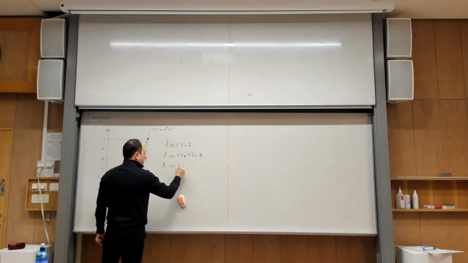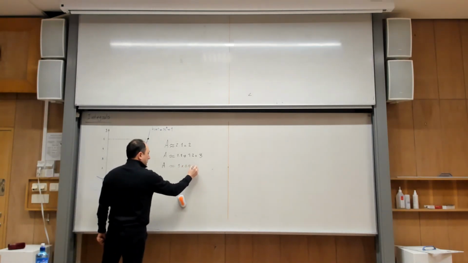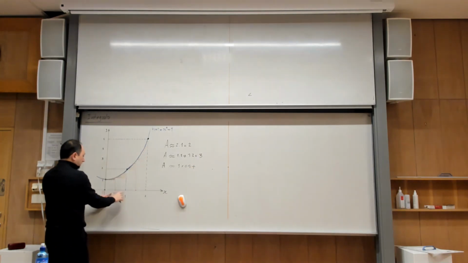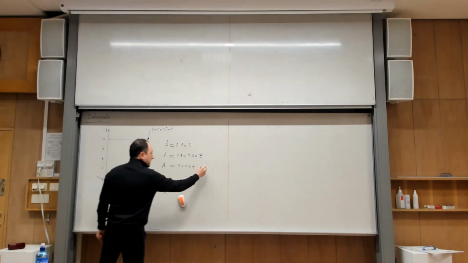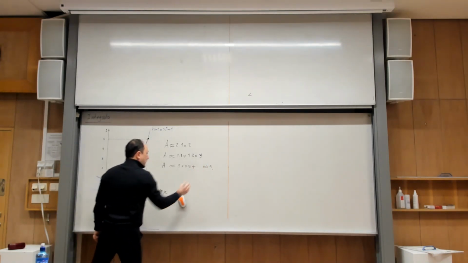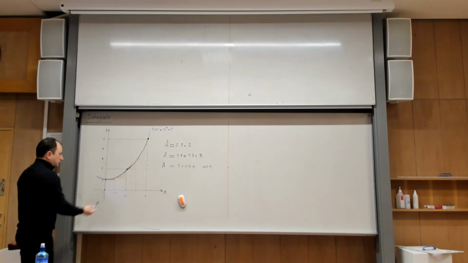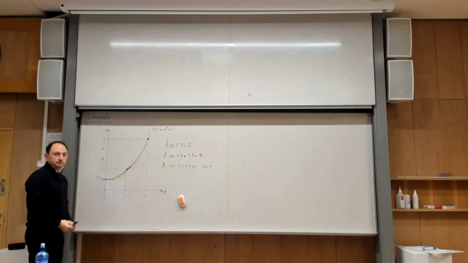So it becomes 1 times 0.5 plus, here, how much do I have? Okay, can you tell me? The width is still 0.5. Okay, but can you tell me what is the height here? So what's the height?